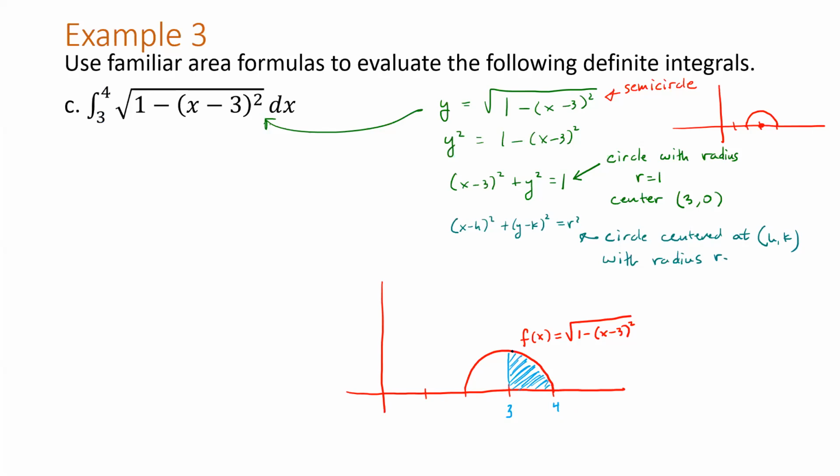Can you guys remind me, if I want to find the area of this region, I'm going to take the area of the whole circle, and then what proportion am I going to take here? Just a fourth. Yeah, it's just 1/4 of the whole circle, right? So we can just do pi r squared and then divide by 4.